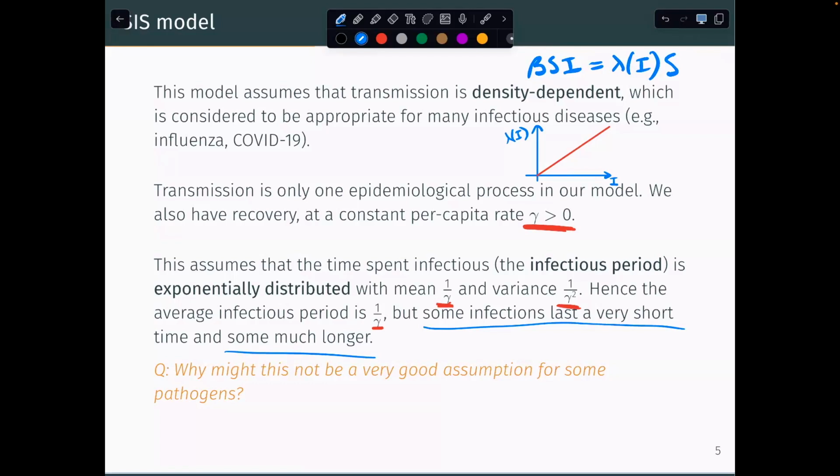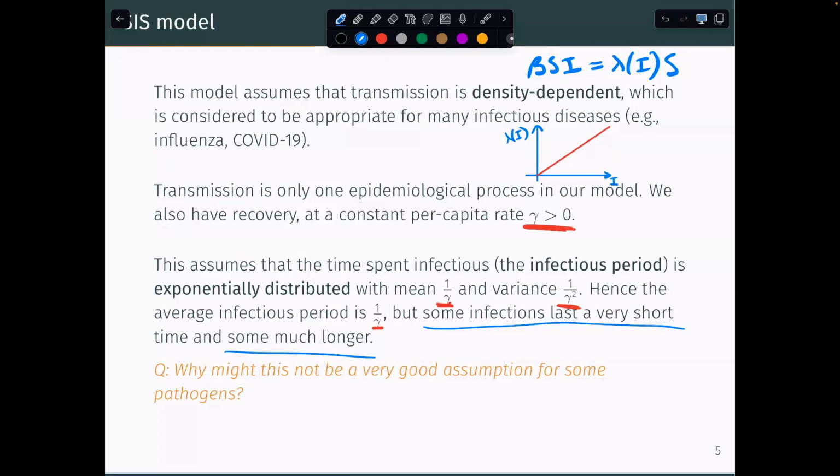So that's possible. One of the most obvious ones here is that many pathogens might just have a very narrow window of infection. Because these rates are exponentially distributed, it's basically saying some people recover almost immediately, and some people will take a very, very long time to recover.